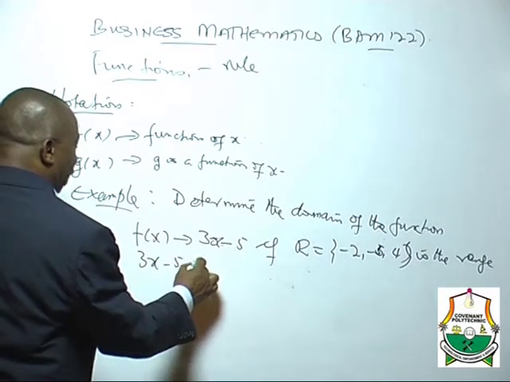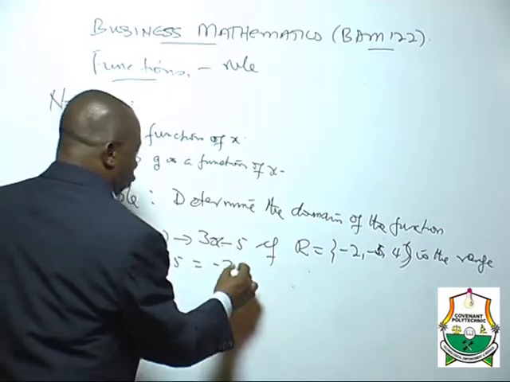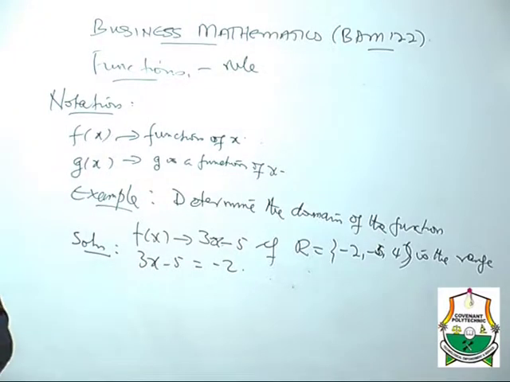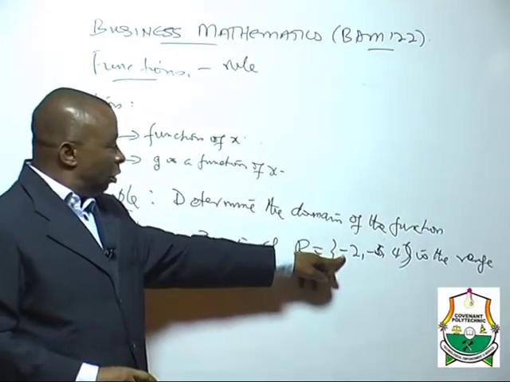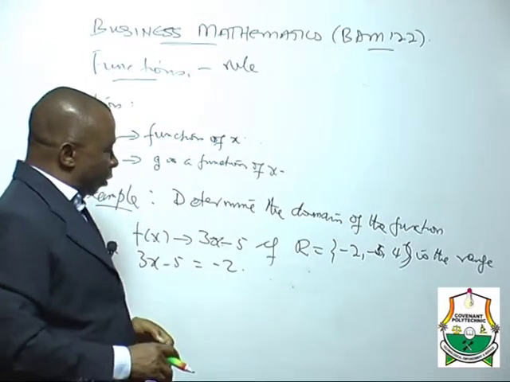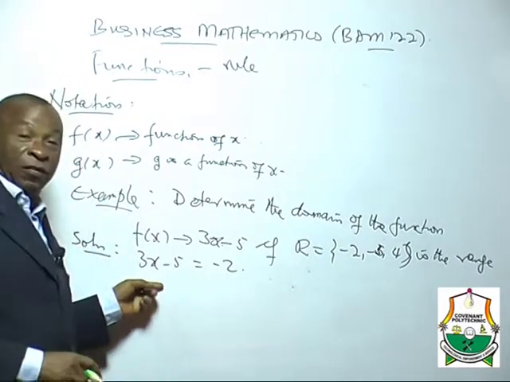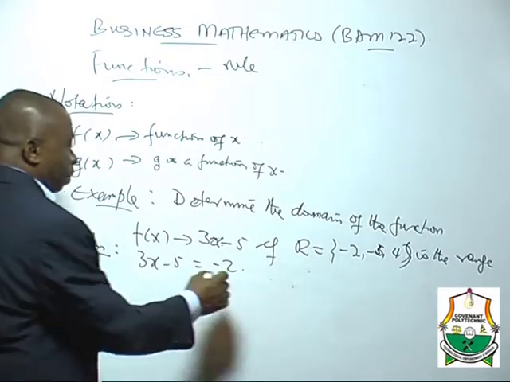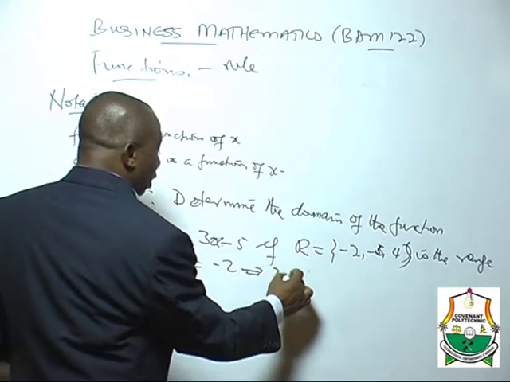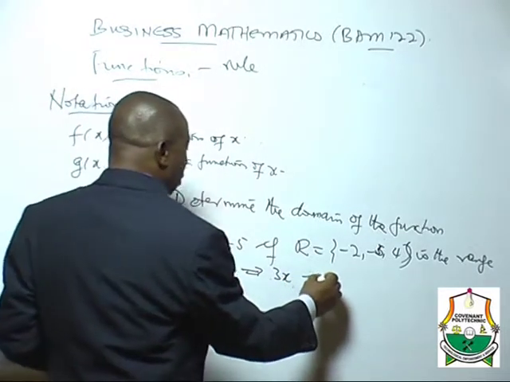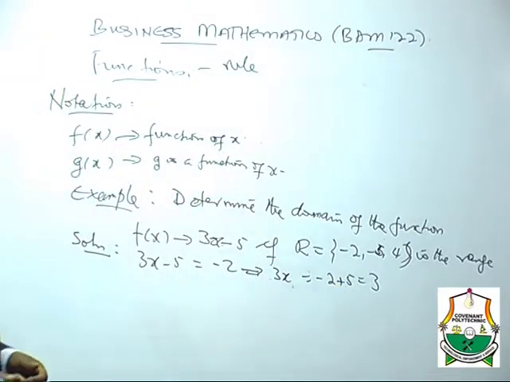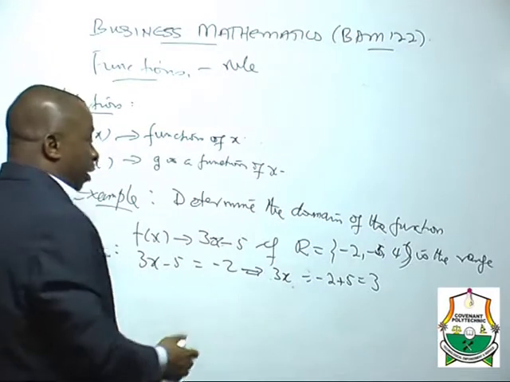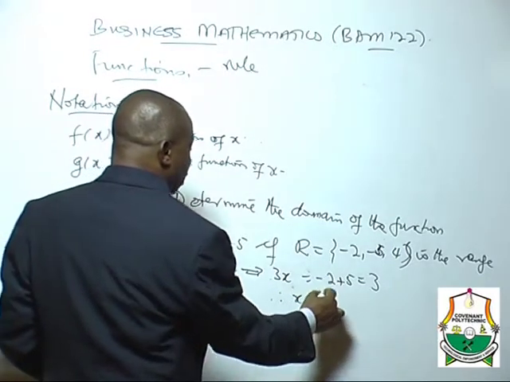that 3x minus 5 equals minus 2, and if 3x minus 5 equals minus 2, because minus 2 is the first number in the range, we can evaluate the value of x here. This implies that 3x equals minus 2 plus 5, which is 3. So if 3x equals 3, therefore x is 1.